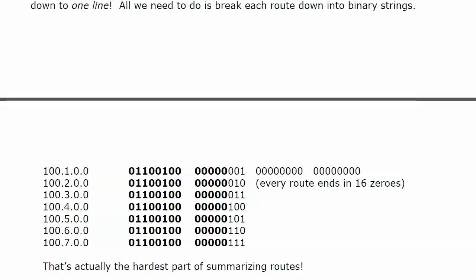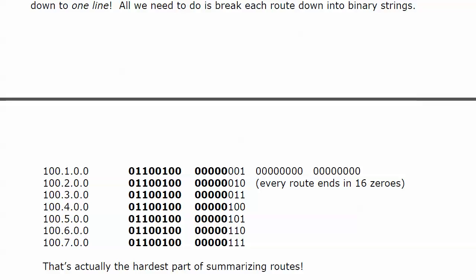It's the 14th row where the first 3 subnets have a 0 and the last 4 subnets have a 1. That is where the common bits then end. And all you have to do to get the summary route itself is add up those values that we have in bold right now, the common bits. And we don't even have to write that out, really. We've already got it in front of us in binary.